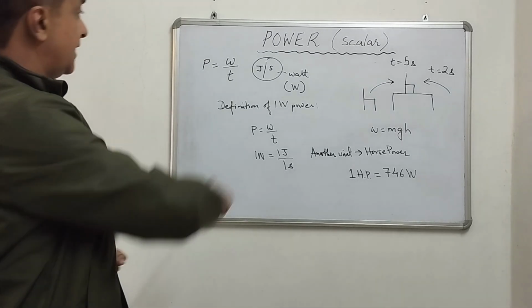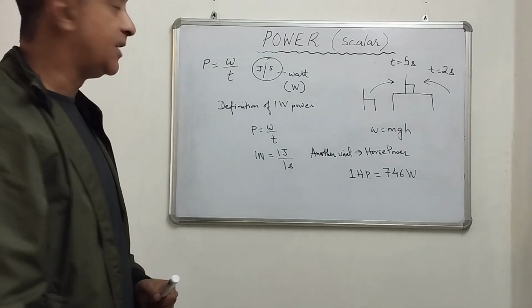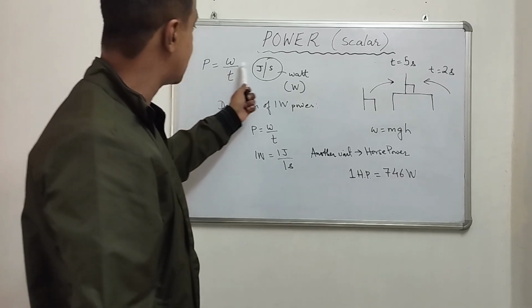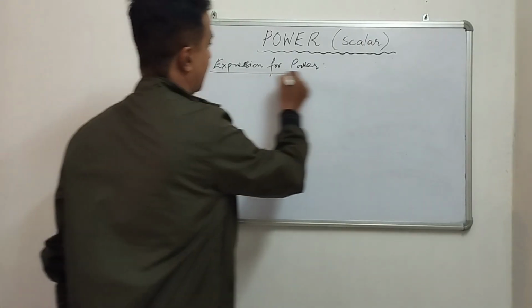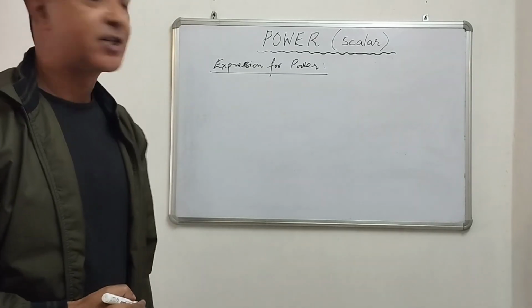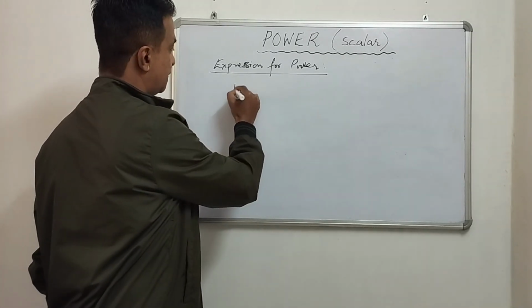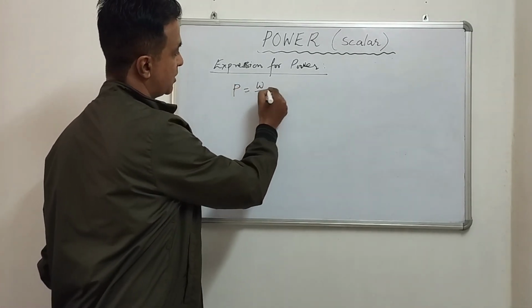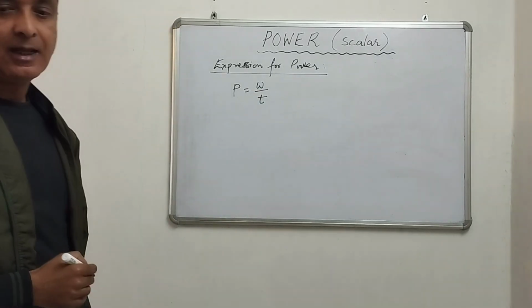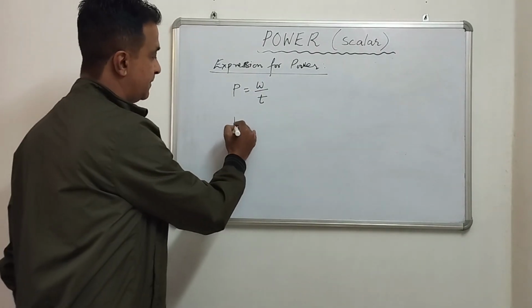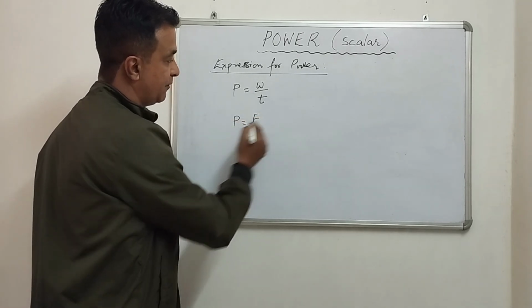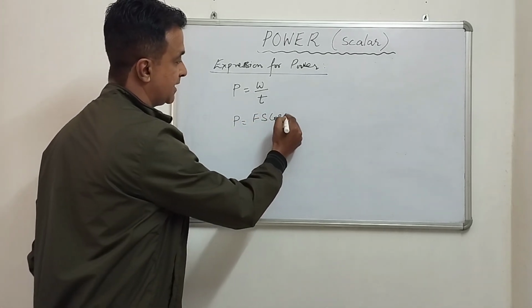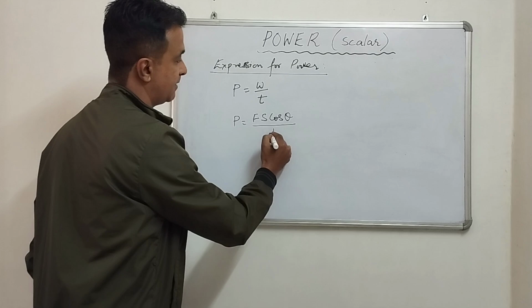Now if you look at the definition, work is involved in the definition of power. So all the expressions for work will also be involved in case of power. Now, let's write down the different expressions for power. First one, power is rate of doing work, so work divided by time. Then the second expression for power becomes, since work is involved here, if there is an angle between force and displacement, then F s cos theta, the general expression for work, divided by time.